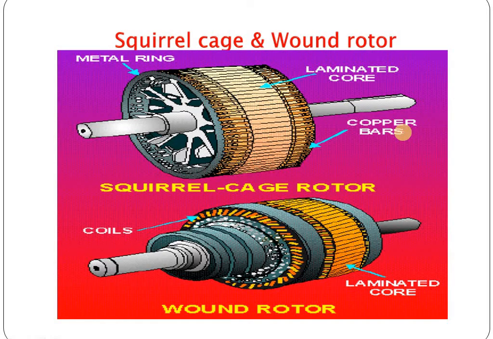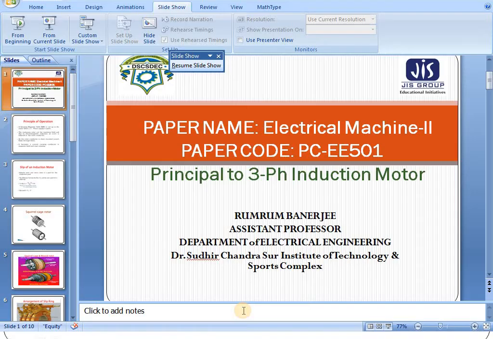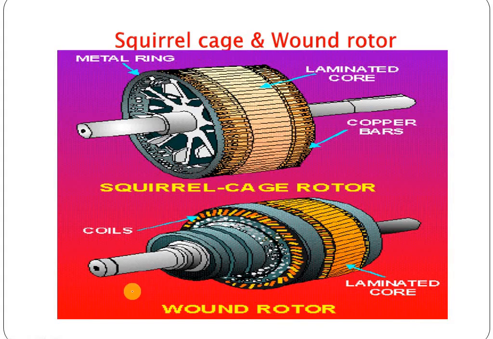So this is the pictorial diagram of squirrel cage type induction motor. This is the squirrel cage rotor. These are the laminated core, and these are the copper bars, and this is the metal end ring. Okay. Now this one is the wound rotor or slip ring type rotor.